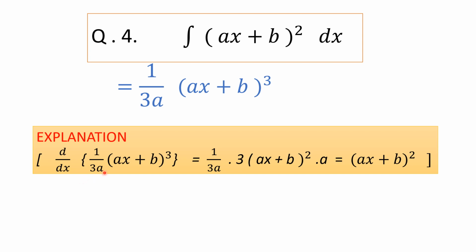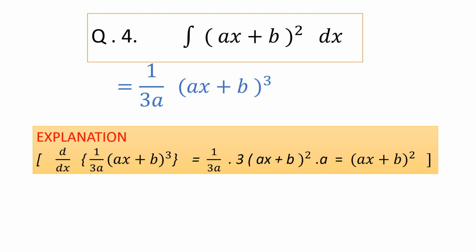Okay. Now we will be solving it from the derivative angle. What is the derivative of 1 upon 3a ax plus b whole power 3? 1 upon 3a, being the coefficient of this function, will get featured in the answer as it is. This 3 in the power will come in the beginning. So you write the power here, ax plus b, and this power will get reduced by 1. So 3 minus 1 is 2 multiplied by the coefficient of x, which is a. This a comes here in the answer.